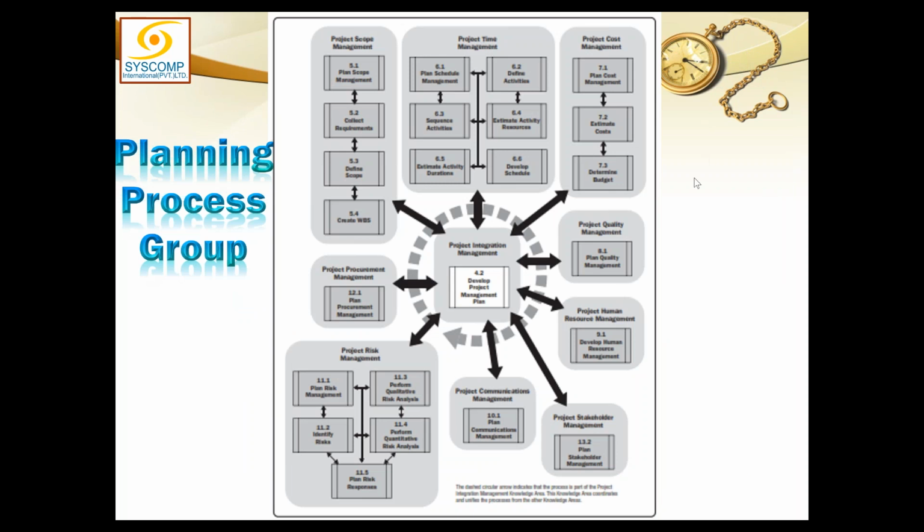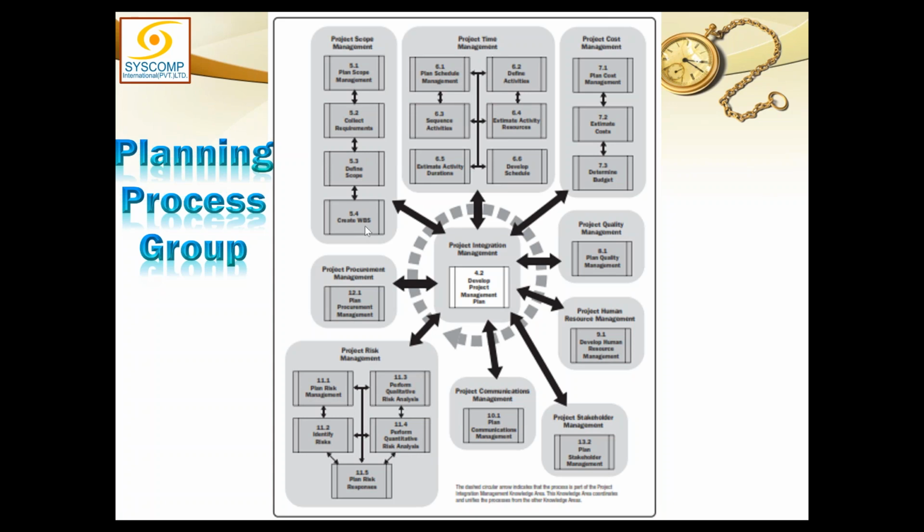Then we have the planning process group. In the planning process group, this is the most populated process group, the heaviest one. Out of the 47 processes, we have 24 processes here.